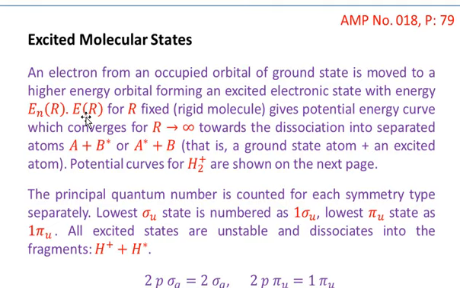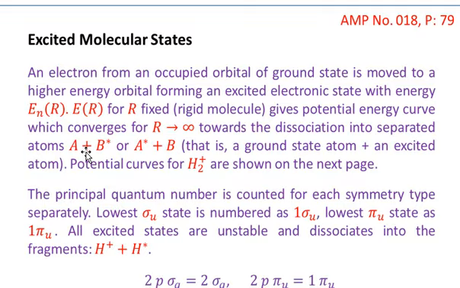So you see that E(R) is actually the potential energy curve for the molecule in which R is fixed. That is, we are talking about the rigid molecule. And you know that when R goes to infinity, the separation between the atoms increases. The atoms are separated not only as neutral atoms, but as one neutral atom plus a second atom in the excited state.